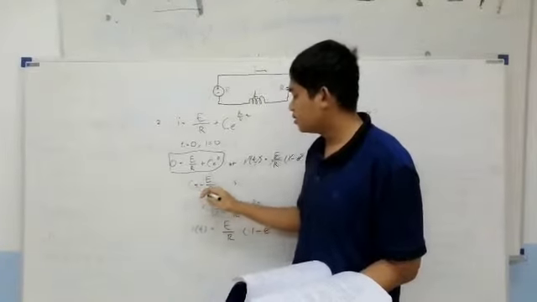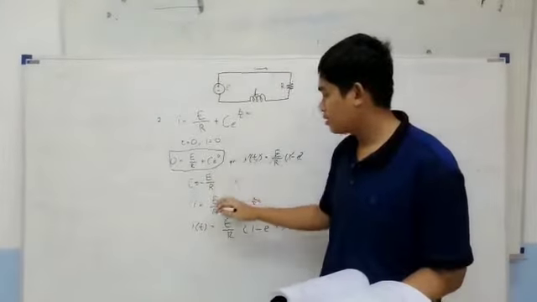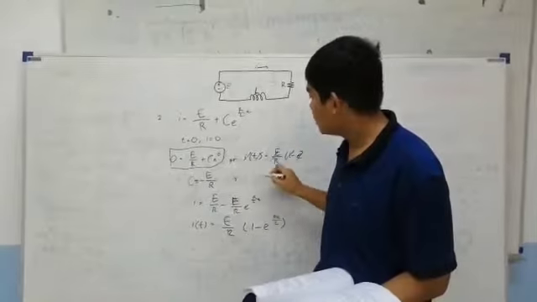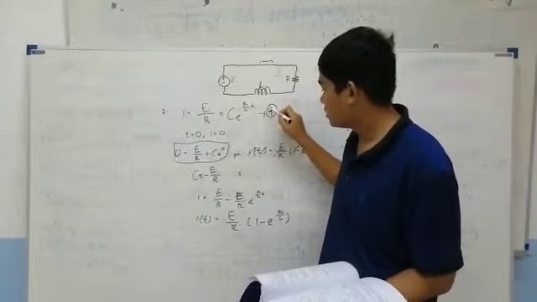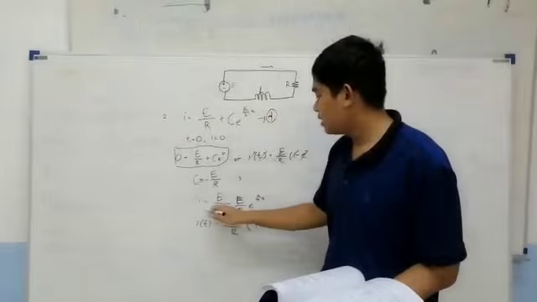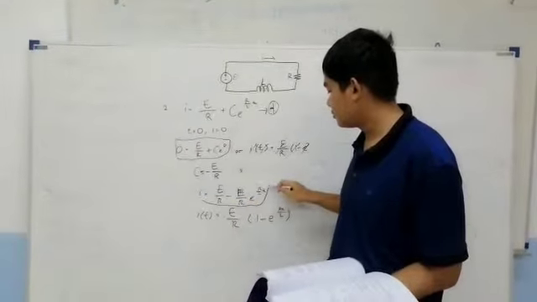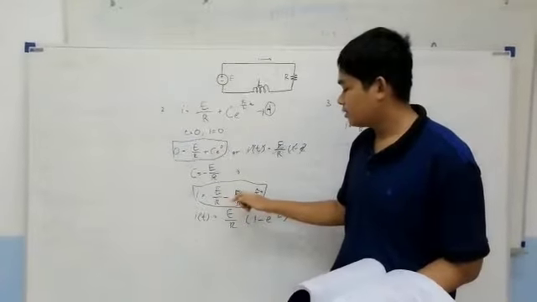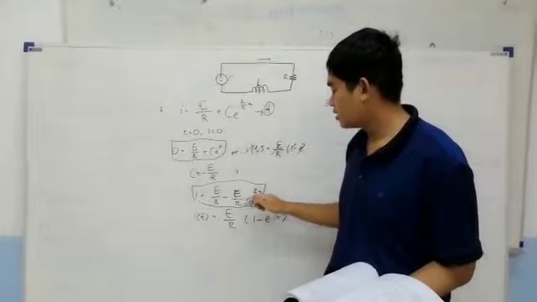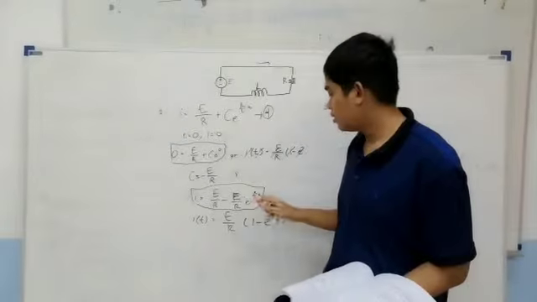From C equal to negative E over R, we substitute back into the previous equation, the first one. Then we will get I equal to E over R minus E over R e to the power of negative R over L t.